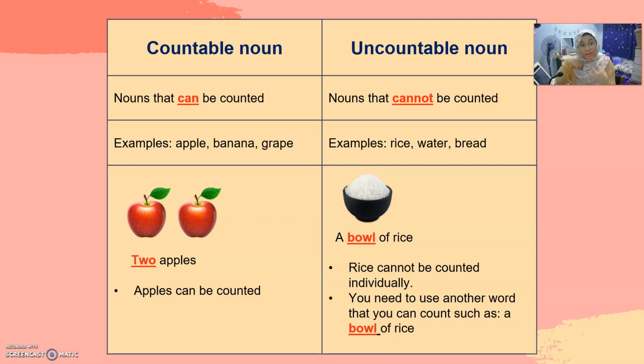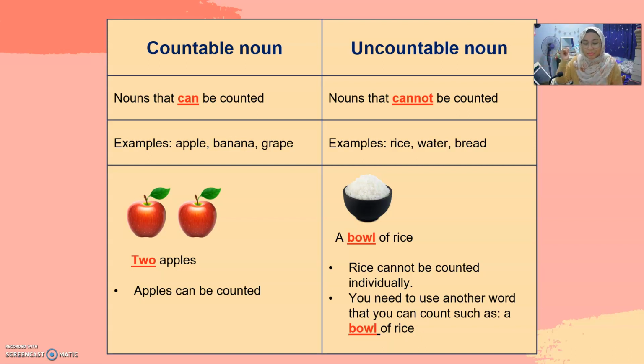So you can count how many bowls of rice you have, but you cannot count how many rice you have in one bowl, right? So if you want to count rice, you have to use a bowl or a cup of rice. Then you can count it. But rice itself cannot be counted. That is why it's an uncountable noun.